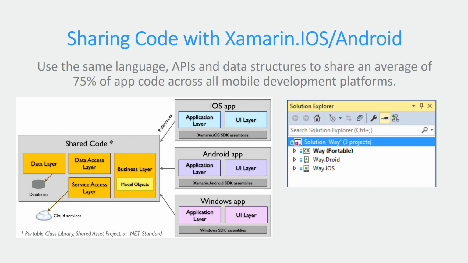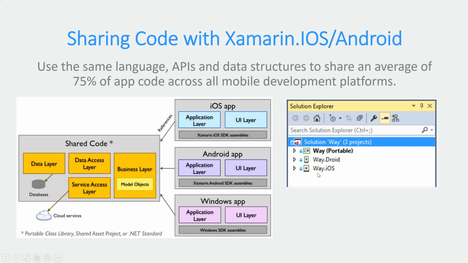On the right, we have a very simple Visual Studio solution where the business logic is in the first project. Your Android UI is in the second. I don't know if you can see way.droid. And your iOS is in a different project. So that's one way.